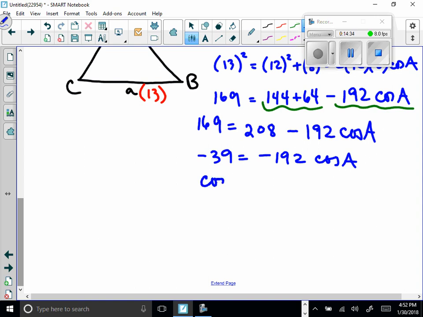So I get cosine A equals negative 39 over negative 192, which honestly the negatives would cancel each other out.